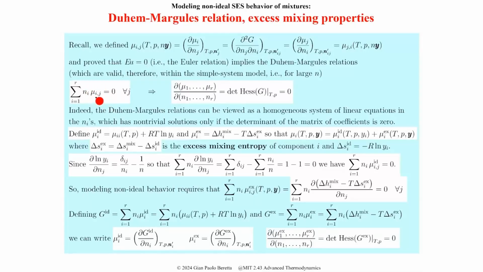Actually, remember that mu i,j is the derivative of the chemical potential of component i with respect to the amount of component j. And so it is a second derivative of the Gibbs free energy with respect to two different components, or also equal components.